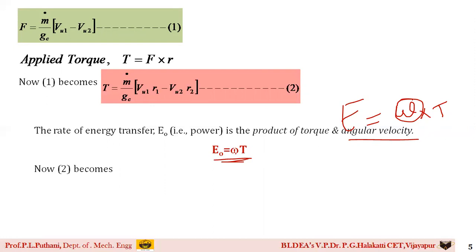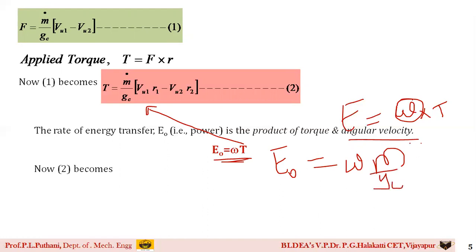So E naught is equal to omega into T, and we have the value of T here already, which you can see I have written here. So I can substitute: E naught is equal to omega into M dot by Gc into the other parts, that is Vu1 R1 minus Vu2 R2.